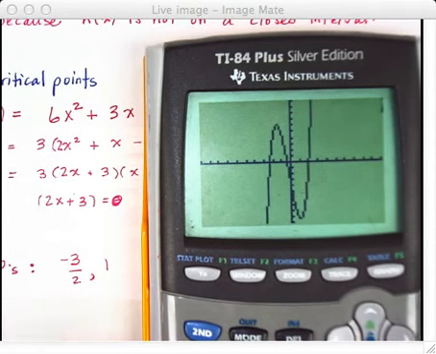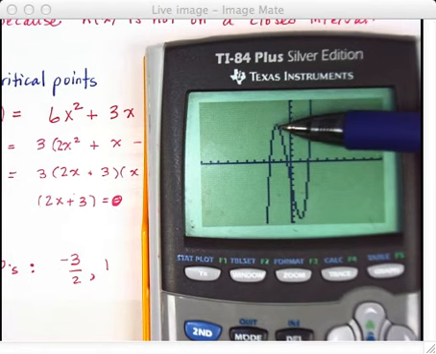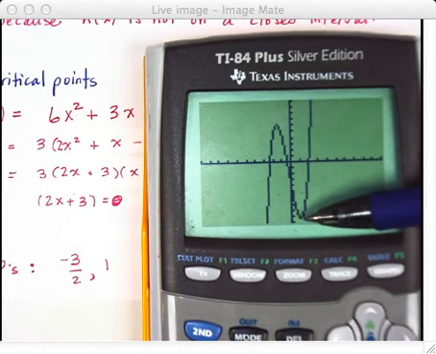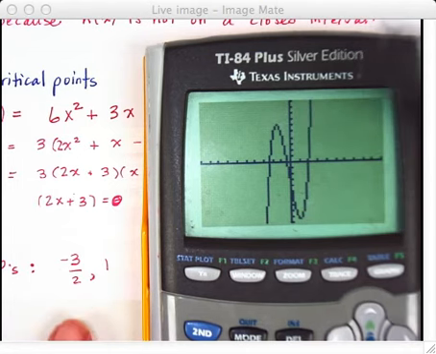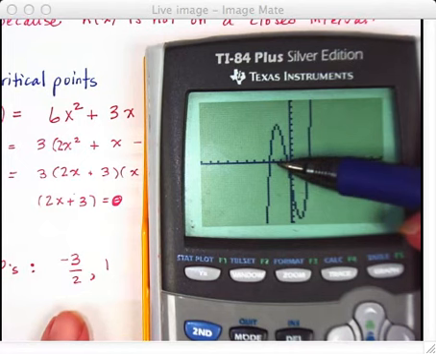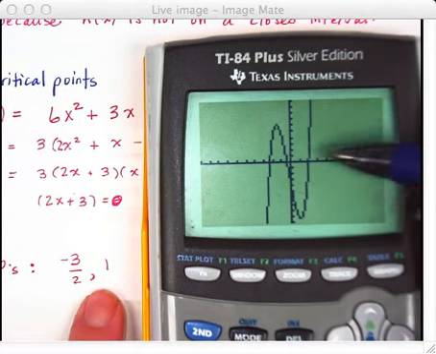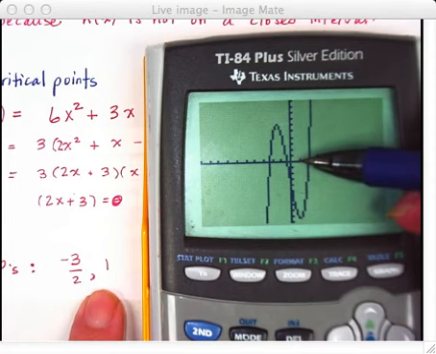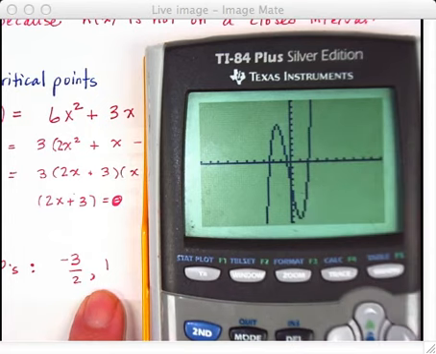All right, so I can see there's a local maximum here and a local minimum here. This x value appears to be where the negative 3 halves is going to go. And the x equal to 1 right here, that's where the local minimum is going to go.